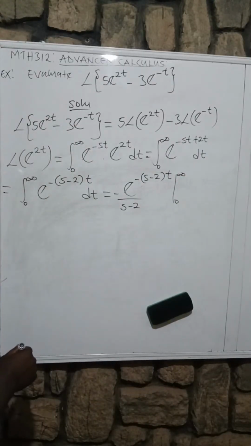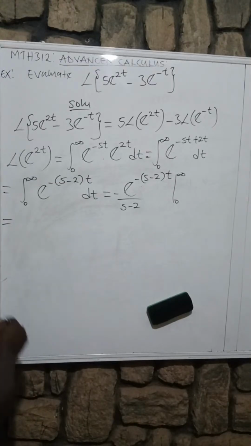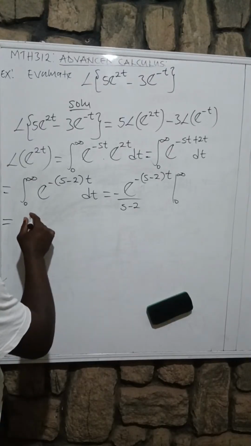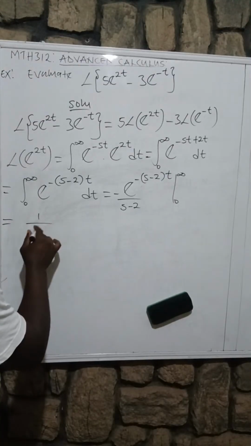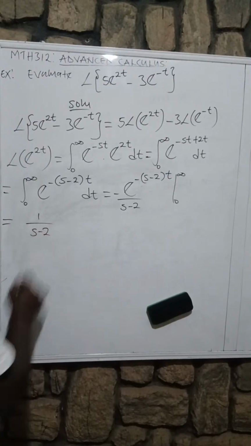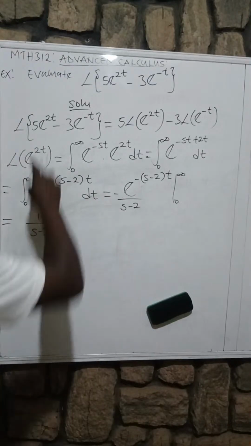So subtract the lower from the upper limit. So here we are going to have 1 all over s minus 2. Yeah, that is for here.